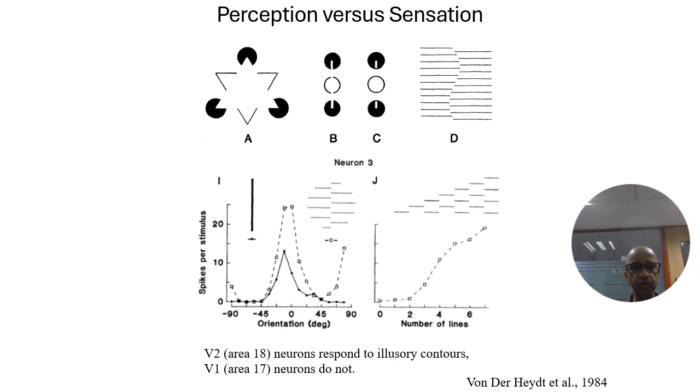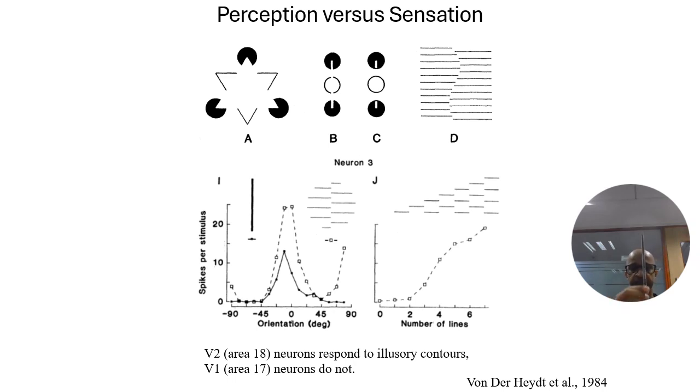So as the information processing gets to higher and higher levels of this perceptual system, you start doing more and more complex perceptual decisions. So, for example, in the primary visual cortex, don't worry about the names of these regions, in the primary visual cortex at the back of your brain, you have neurons that respond to lines of light.